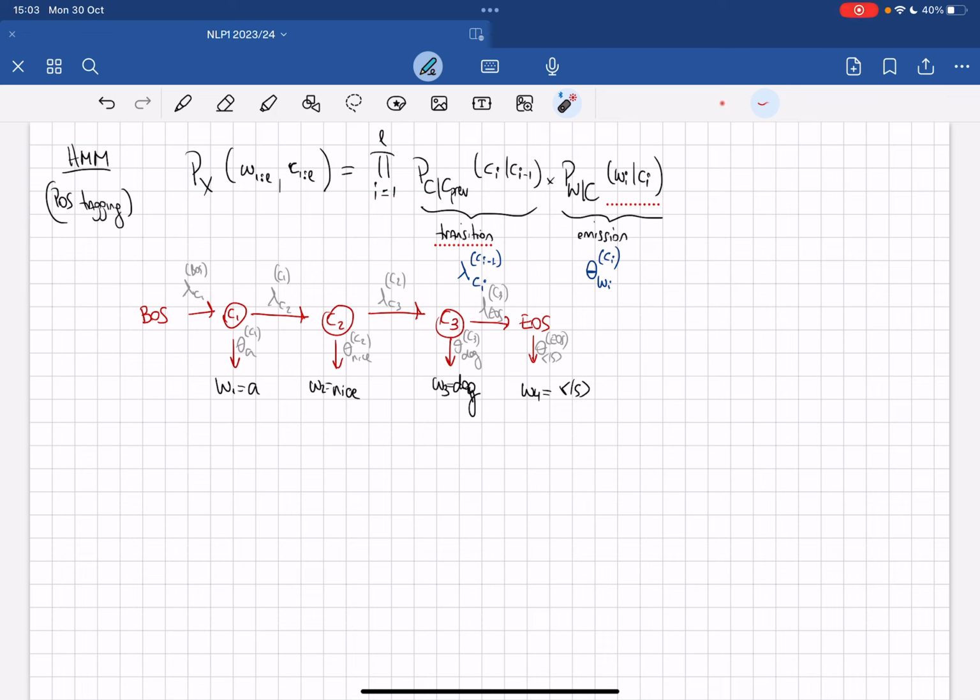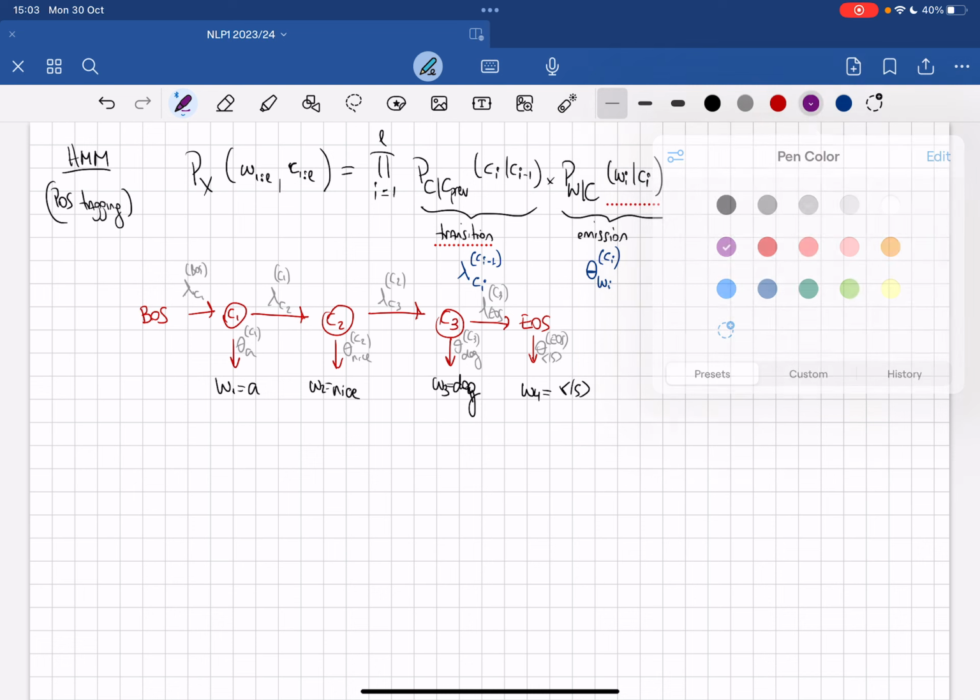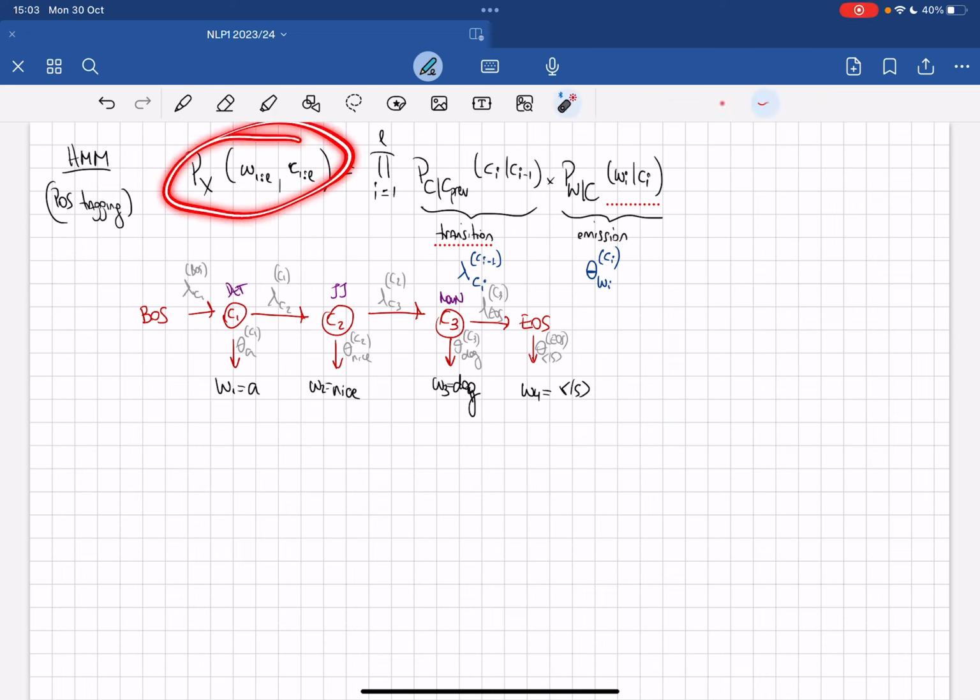Now when you know what these tags are assigned, for example, perhaps this is a determiner, this is an adjective, and this is a noun, then you can assign a joint probability to the assignments.